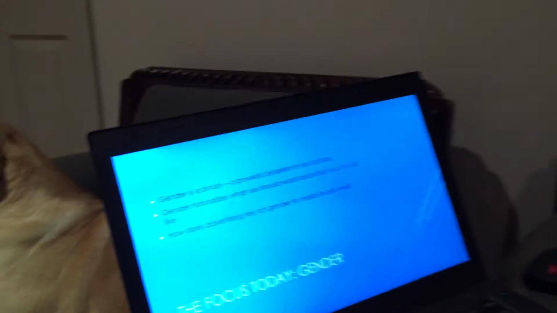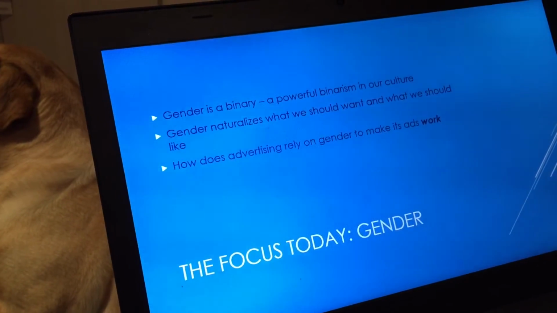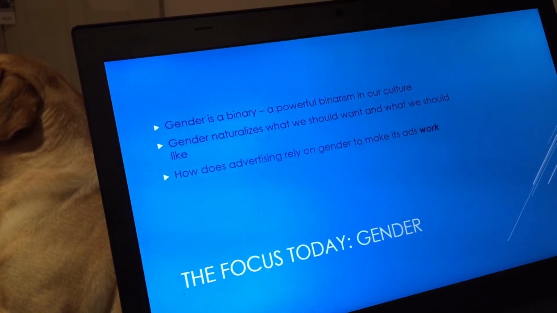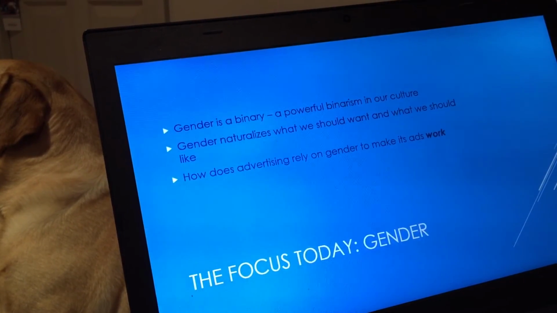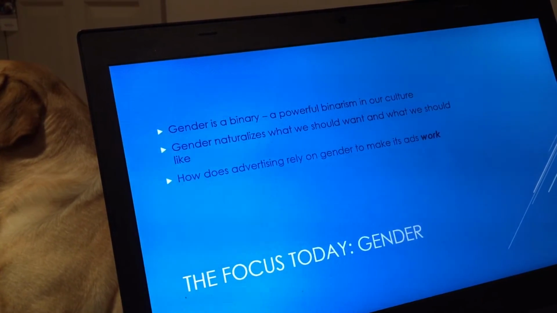So this week, in that analysis, we're going to focus on one key term, and that term is gender. The interesting thing about gender is it divides our meaning system into a binarism. Now, we can talk about LGBTI, but it is still about gender. All of those divides are ways in which we situate and naturalize meaning in our culture.